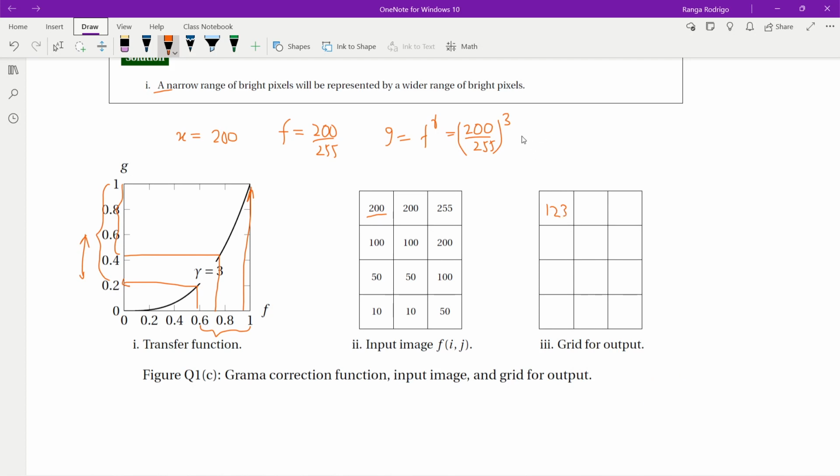So y, the output value, is equal to 200 divided by 255, raised to the power of 3, times 255.